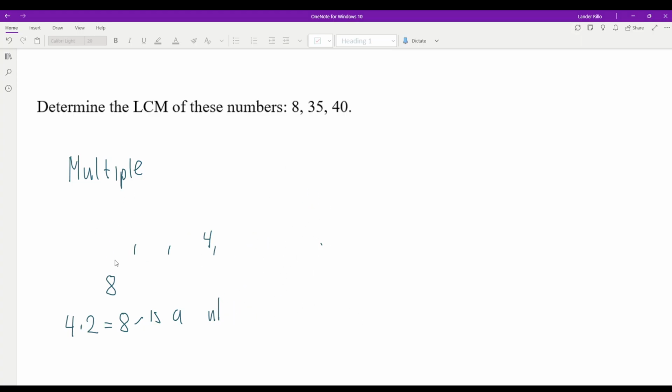To get the least common multiple, that's one number. So again, like how GCF is one number, we're only looking for the least common multiple, which is one number between a set of numbers. Here, let's find the least common multiple, or LCM, of 8, 35, and 40.